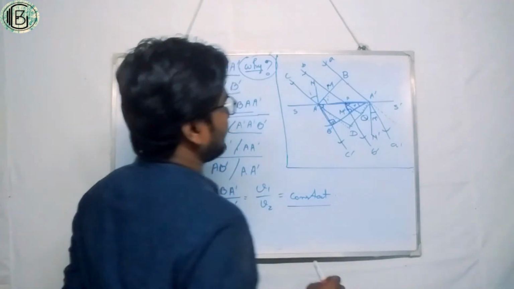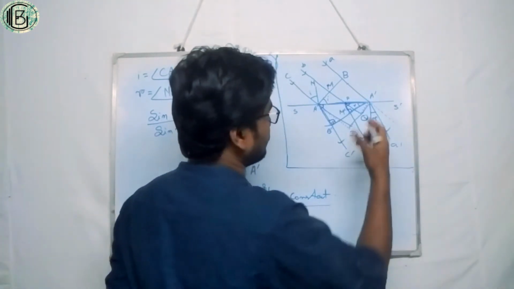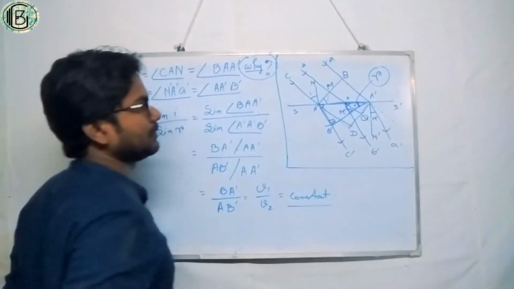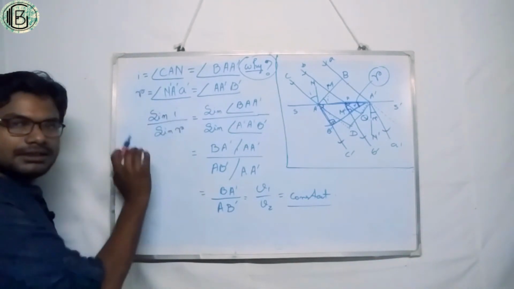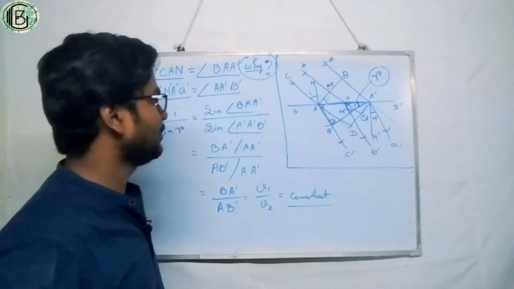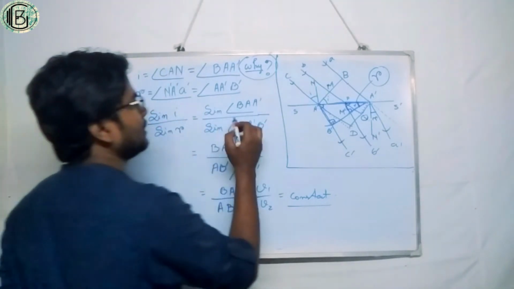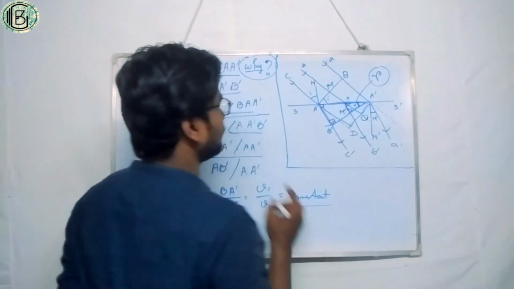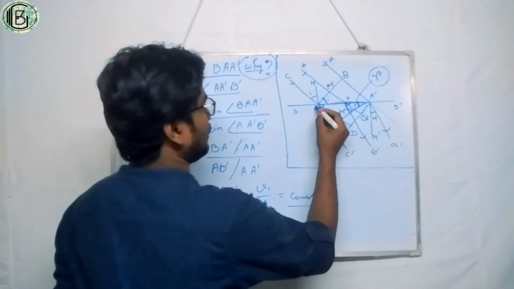Now what is A prime B? That means this small angle is R. So we can write sin I by sin R equals sin BA prime by sin A prime B prime.